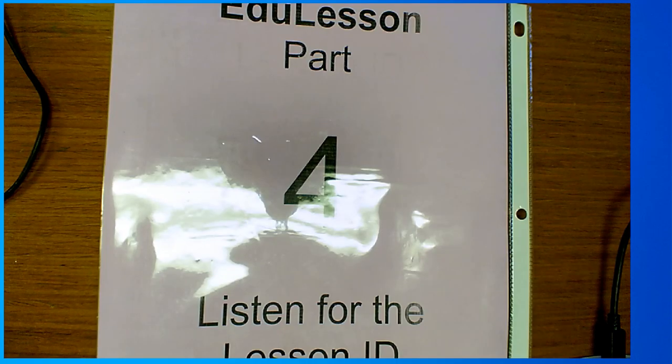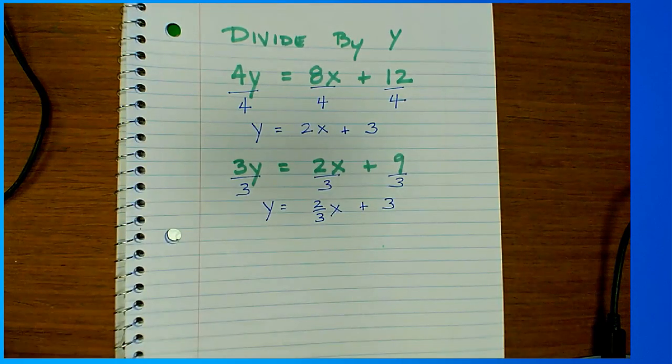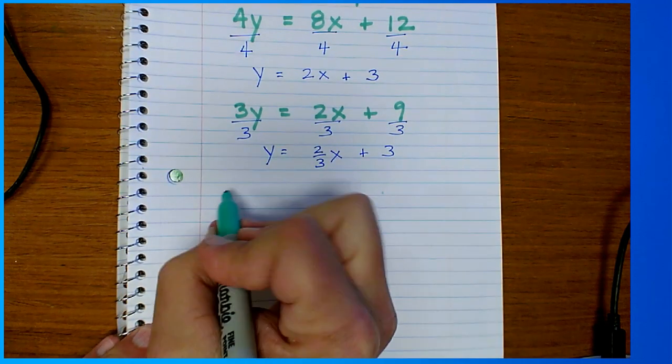This is part 4. Remember to listen for the ID. After I've done move the x, divide by the y, I might have to simplify a fraction. So how do we simplify fractions?